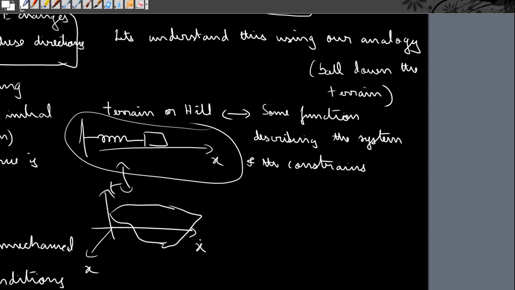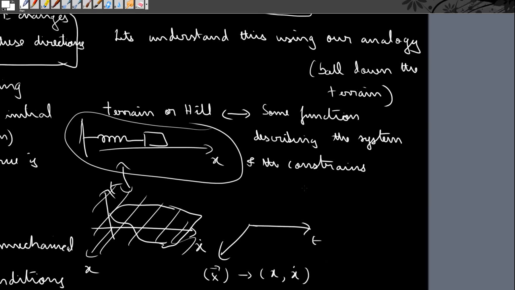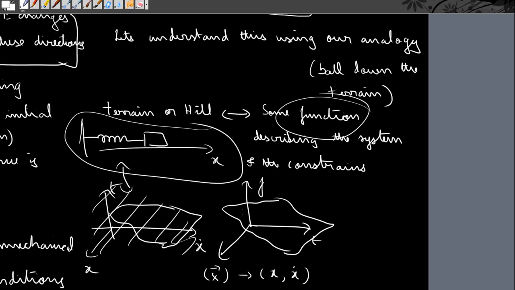Okay, so a better representation would be, let's say we have time here and we have the x coordinate, which basically represents both x and x dot, and this is some function f, which describes some terrain on which we can define the various different paths which the particular particle or the system is going to take.